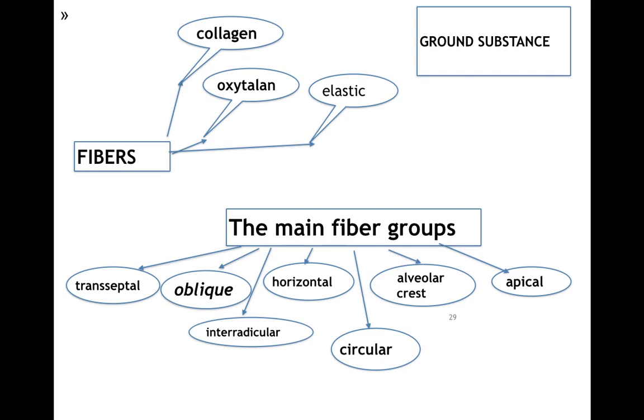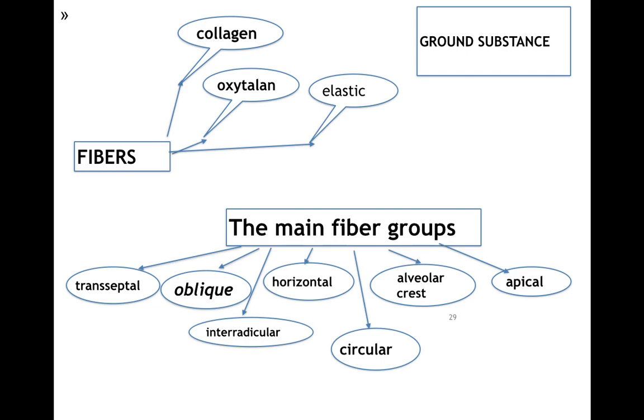Then circular fibers are located around the neck part of the tooth. Then the apical fiber group is located in the apical area, radially and vertically.